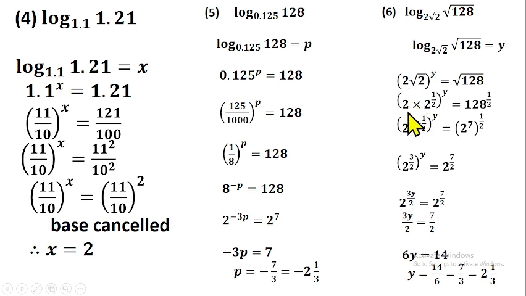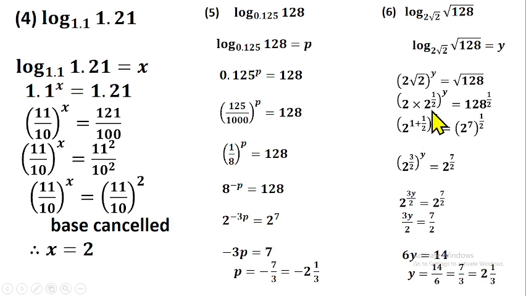So you can say this is 2 times root 2, because this 2 is multiplying this root 2. Therefore, you have 2 times 2 raised to power 1 over 2, raised to power y here. And this one also can be written as 128 raised to power half, because square root means raised to power half, according to our idea of indices.